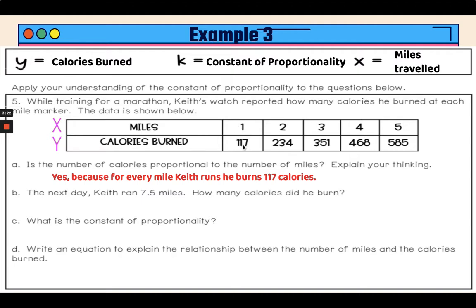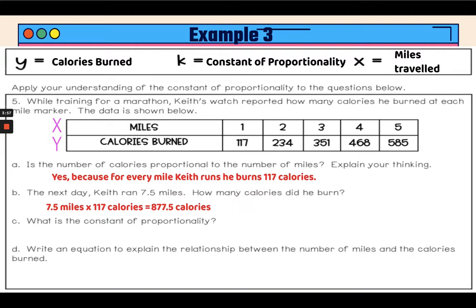So I can take 117 and multiply it by 7.5 to find our y, the calories burned. So 7.5, because that's how many miles he ran, times our unit rate, our constant of proportionality, 117, and that will answer our question. I'll be nice and do it for you. He burned 877.5 calories.